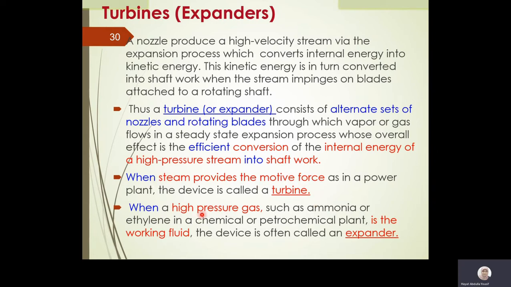But when you have high pressure gas, where you don't have steam but gas like ammonia or ethylene, used for chemical and petrochemical processes, then we don't call it a turbine, we call it an expander. So an expander is the same as a turbine, provided that the working fluid is not steam but high pressure gases like ammonia and ethylene. That's just the basic difference between the two.